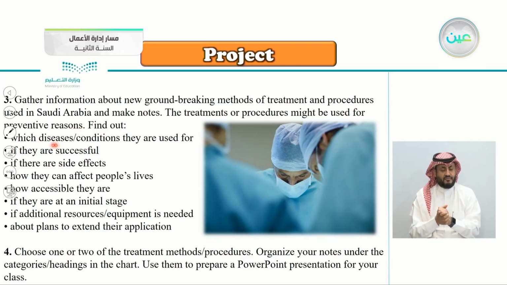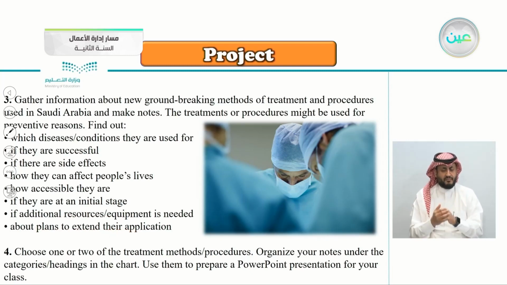Find out which disease conditions they are used for, if they are successful, if there are any side effects, of course, which is really important, how they can affect people's lives, how accessible they are, if they are at an initial stage in the beginning, if additional resources or equipment are needed, and about plans to extend their application.